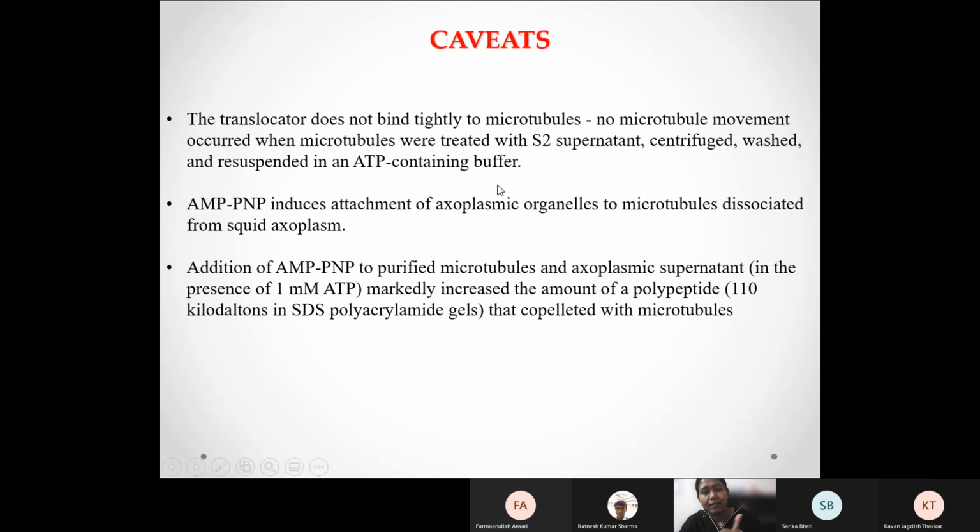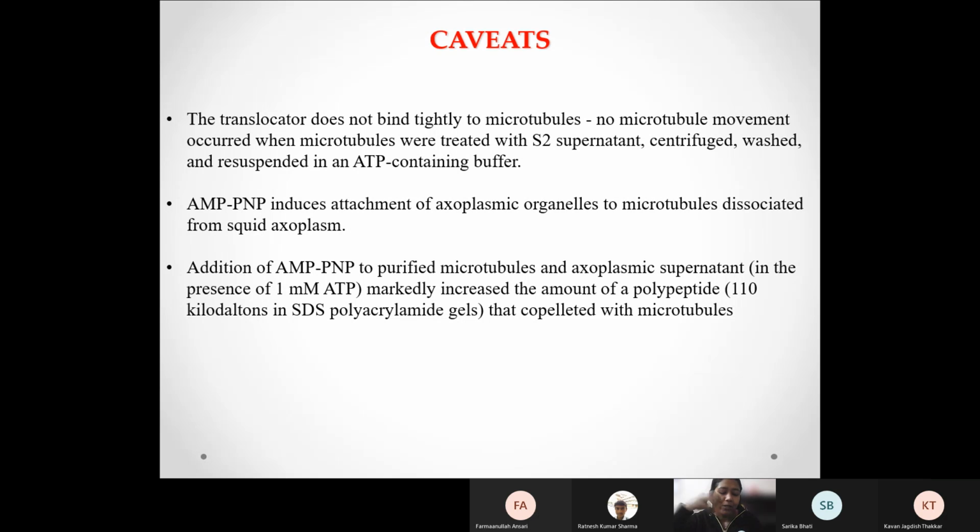So that's the first thing that they noticed. As I said, to actually have this bead binding strongly to the microtubules, the first thing that they needed was a non-hydrolyzable ATP analog that could help these beads attach to the microtubules in the first place.